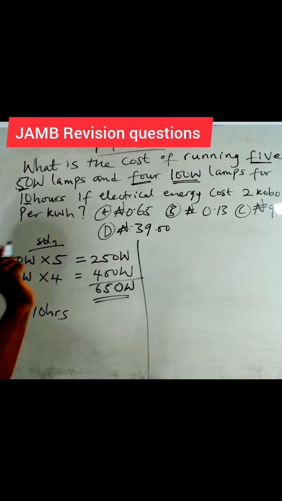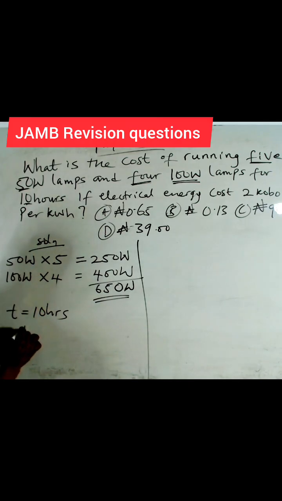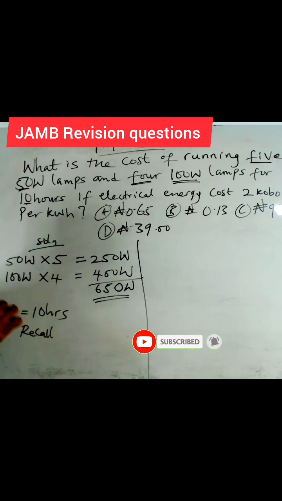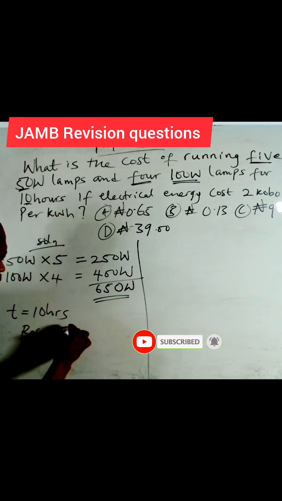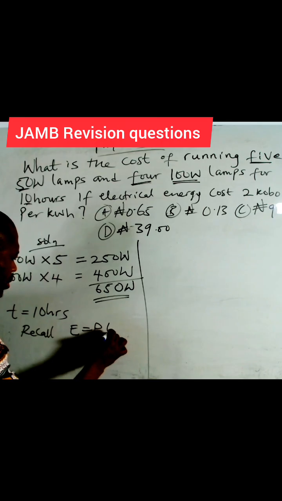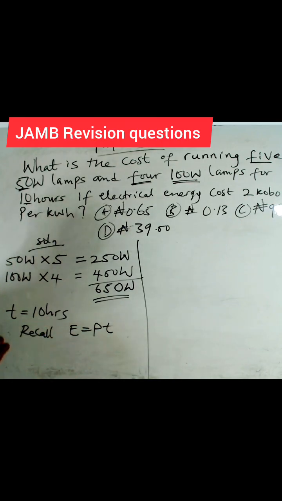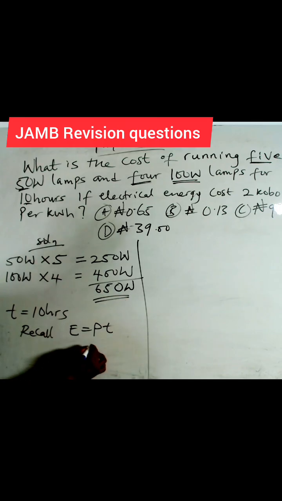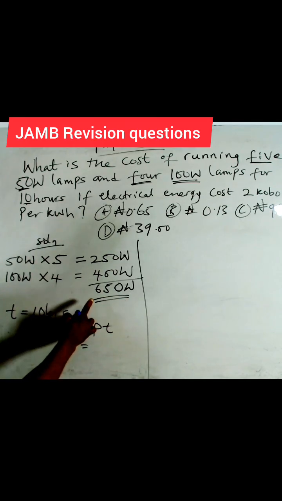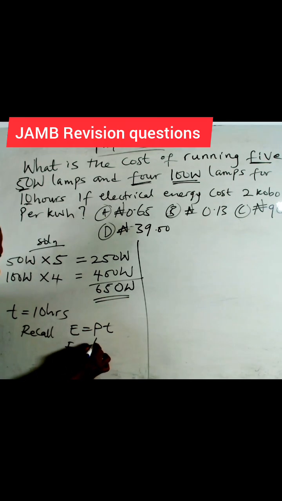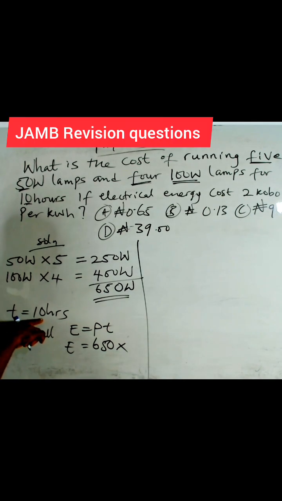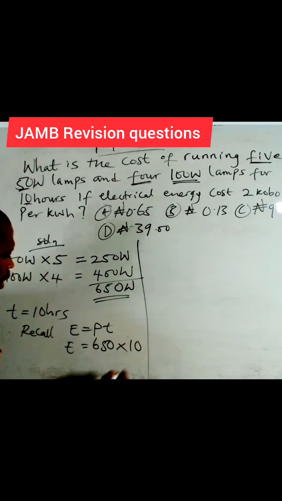Now, the first thing you're going to do is recall the relationship that says energy is power times time. The power is 650 watts multiplied by the time. The time is 10 hours.